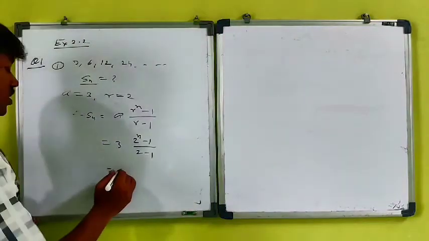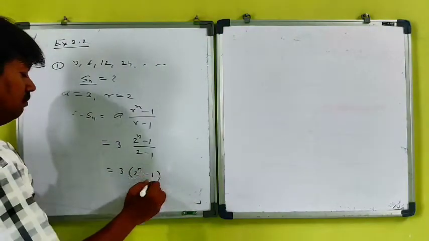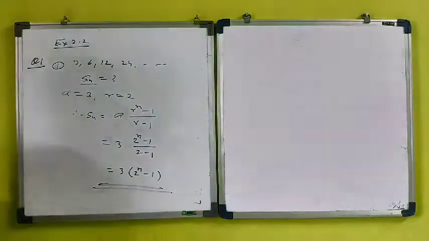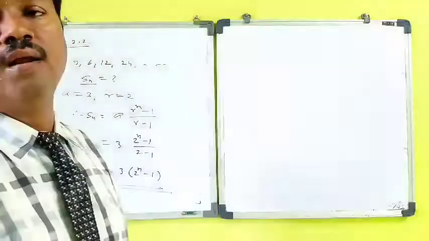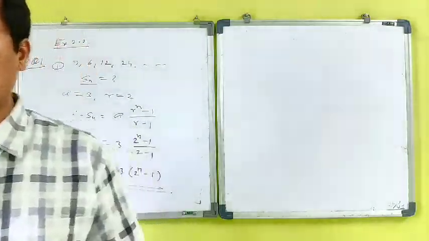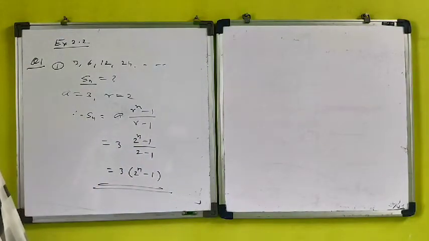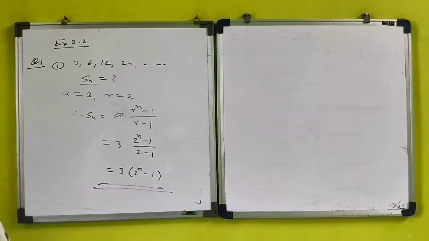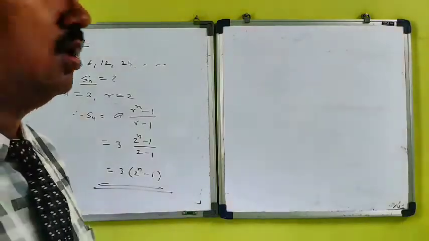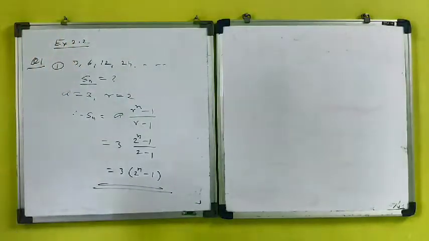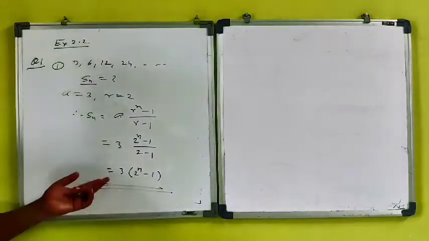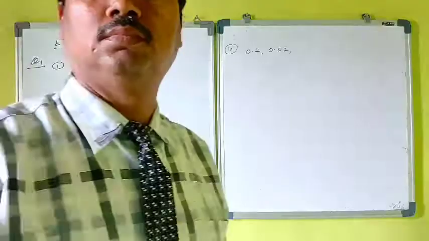So answer is 3 into 2 raised to n minus 1. So that is a formula for sum of n terms in this. So it's very easy. There is nothing in this. So this type of sum, you have to just concentrate on what is the value of R, and then which formula we have to use.